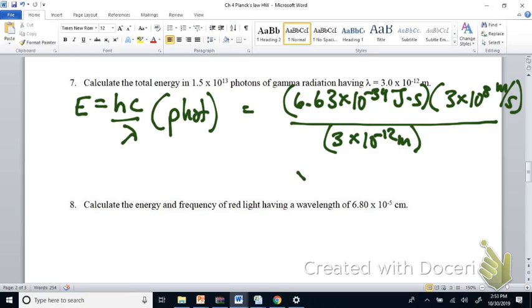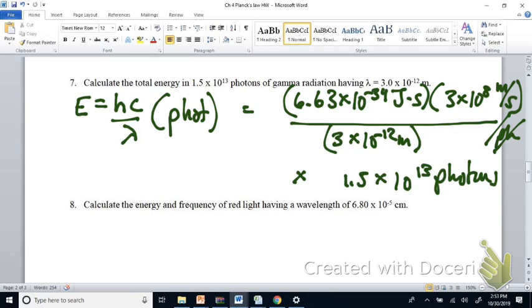And then I'm going to multiply this by 1.5 times 10 to the 13 photons. Of course, this is divided by photons. Photons cancel, and seconds cancel, and meters cancel. So now it's just a plug and chug.